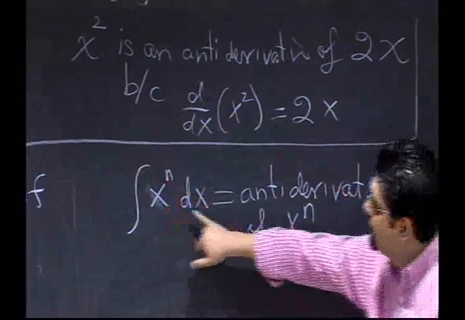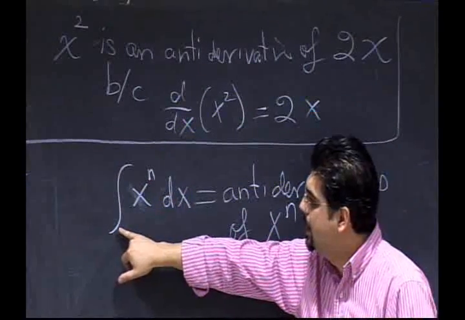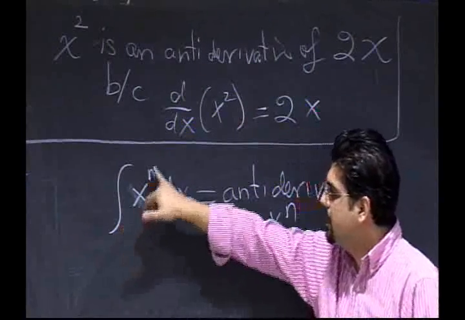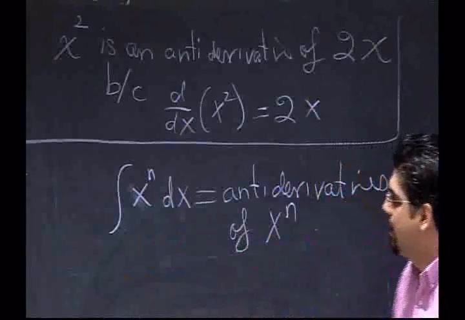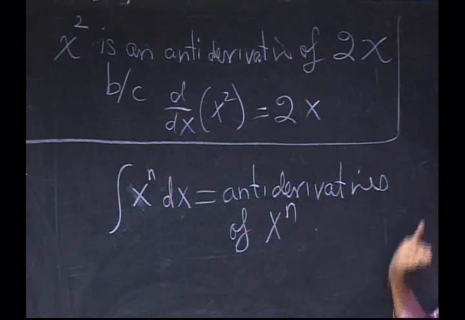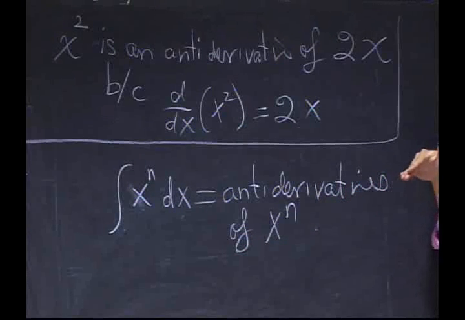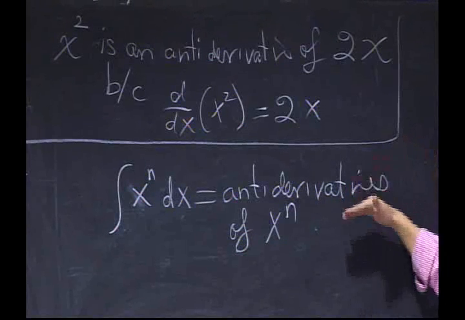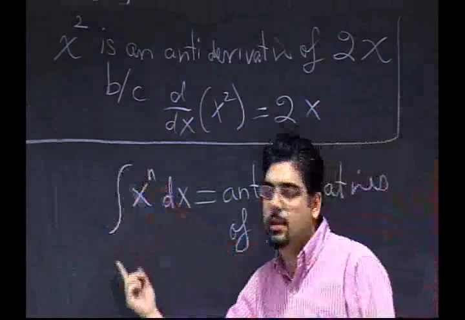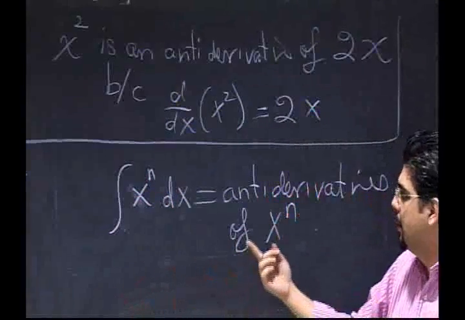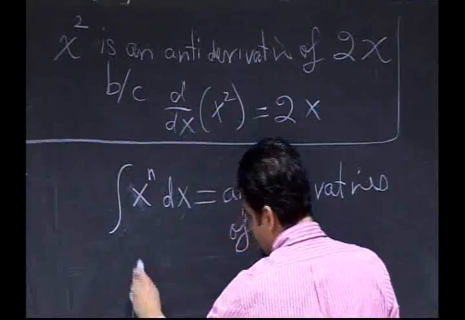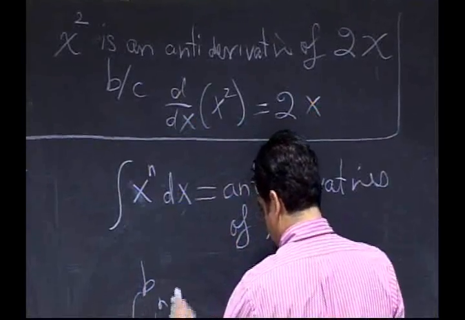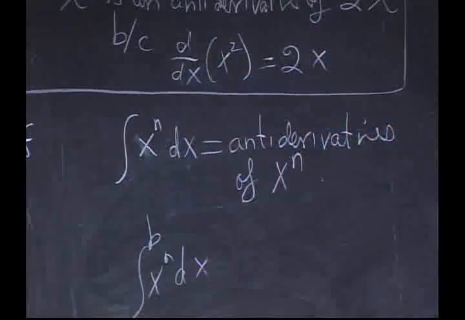So, in other words, if I were to read this, I'd say the antiderivatives of x to the n dx. That's what this symbol means. And since antiderivatives are used in calculating integrals, we inherit the same symbol. But there's a very big difference between this symbol and this symbol, for example.